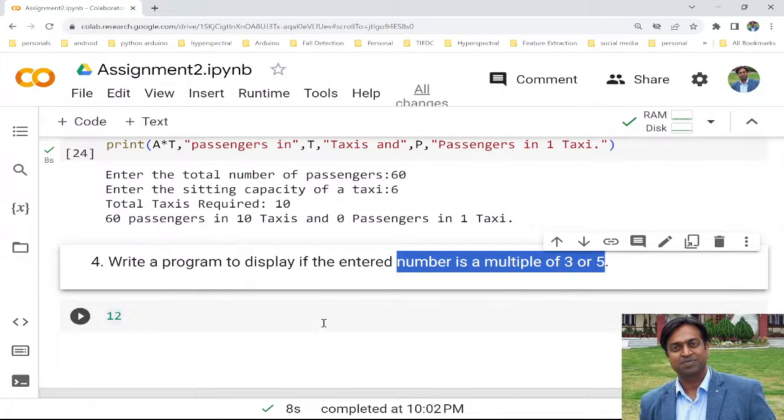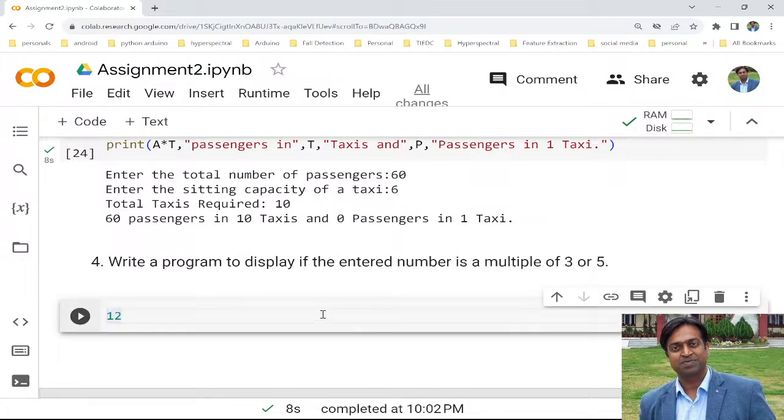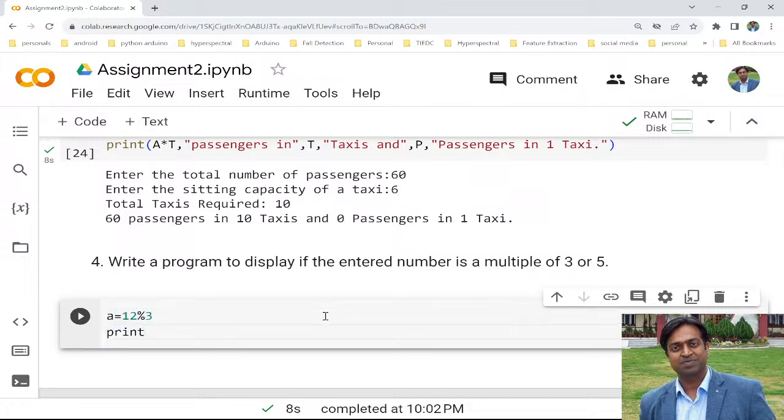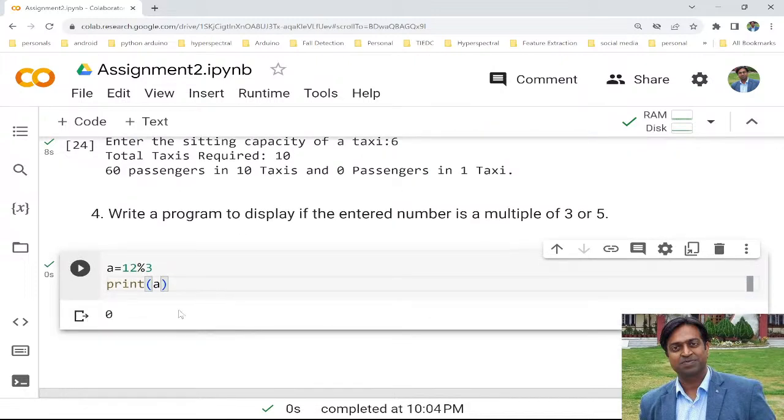To get this, in one of the lectures I told you how to check if a number is divisible by 3, by 7, by 2. Simply we will put this: if I put 12 modulus 3 and print it, I will get 0.